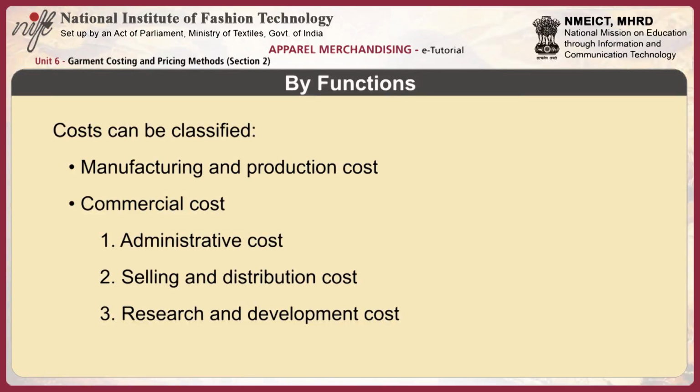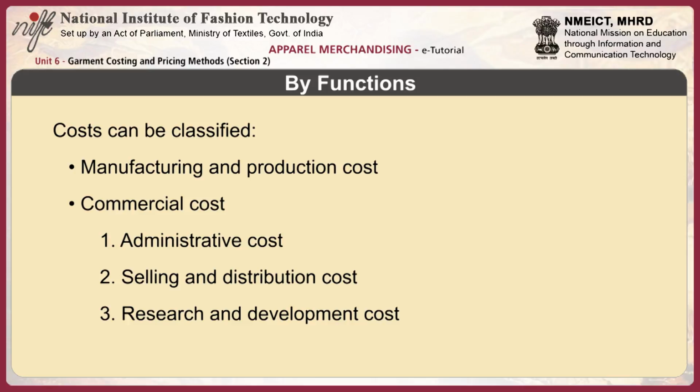And costs can also be classified by functions. What are the functions? For example, manufacturing cost, say production cost, or selling cost, or commercial cost. So by functional nature, you can also classify the costs.